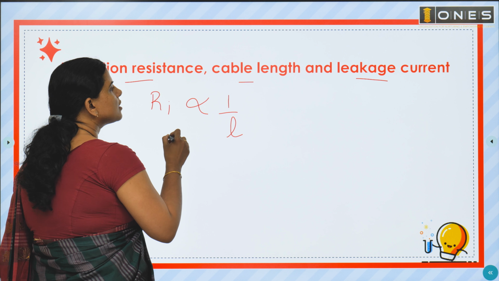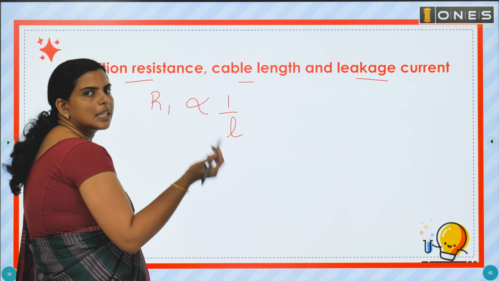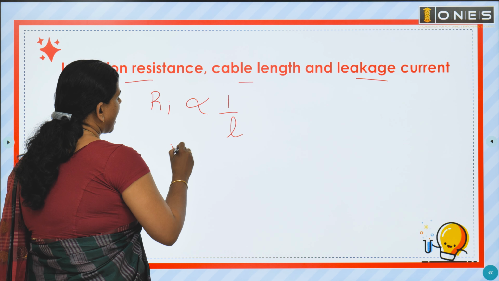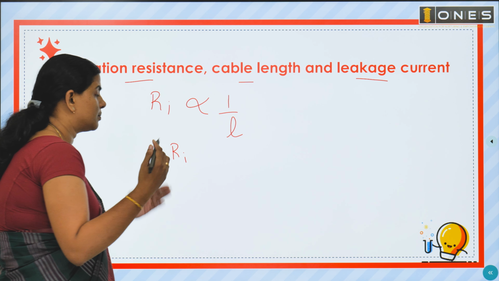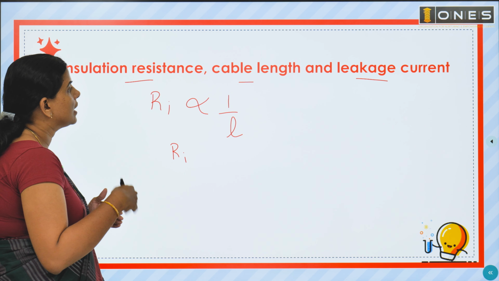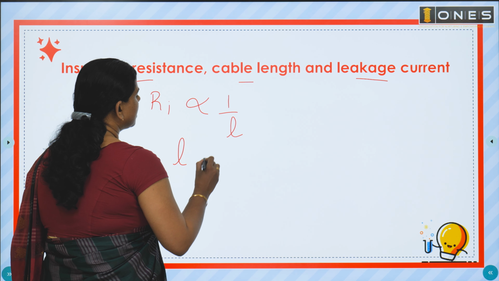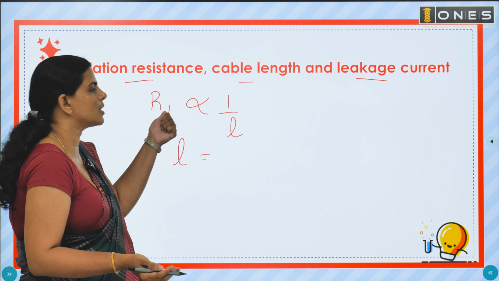When resistance decreases, what happens? The leakage current will increase, right? So when the resistance decreases, the leakage current will increase. So how will you relate with the length of the cable? When the length of the cable increases, the resistance decreases.